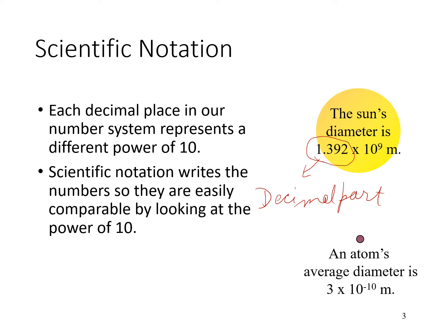So the decimal part is always going to be a number between 1 and 10, never equal to 10, meaning anything between 1 and 9. And this decimal is always going to be after the first non-zero digit. It cannot be a zero digit in front of a decimal. That is called the decimal part in scientific notation.